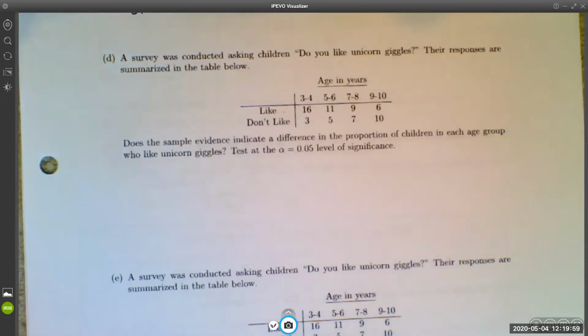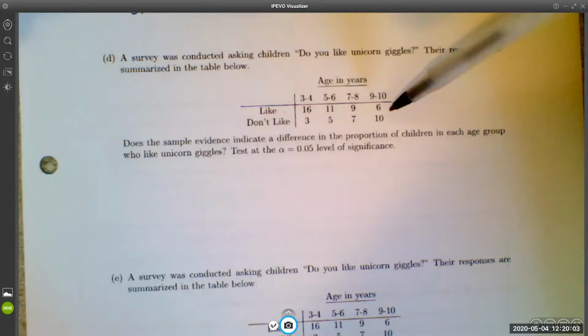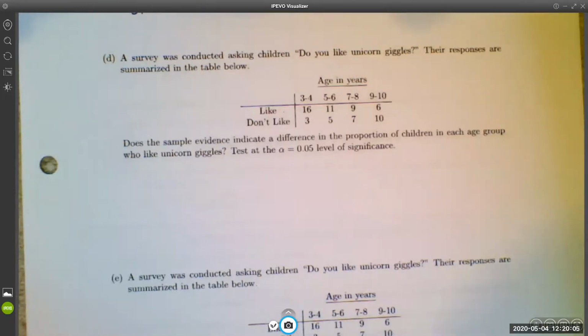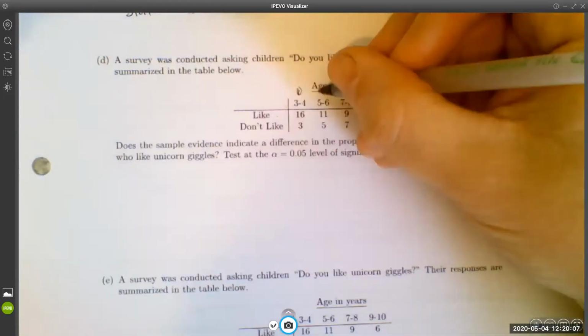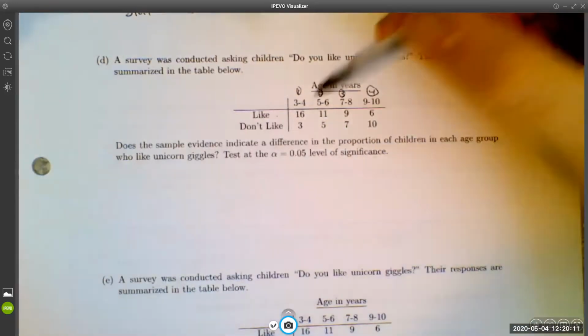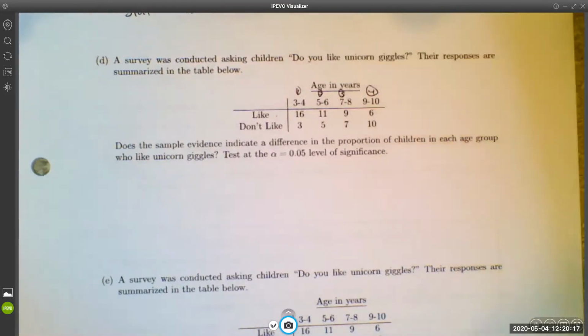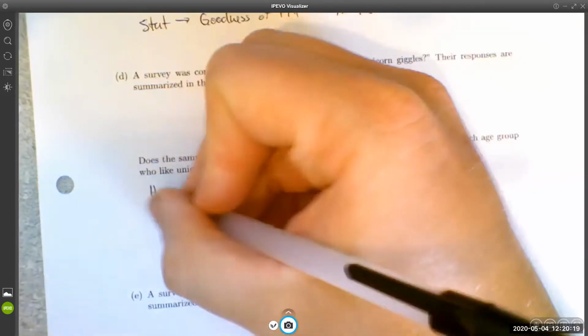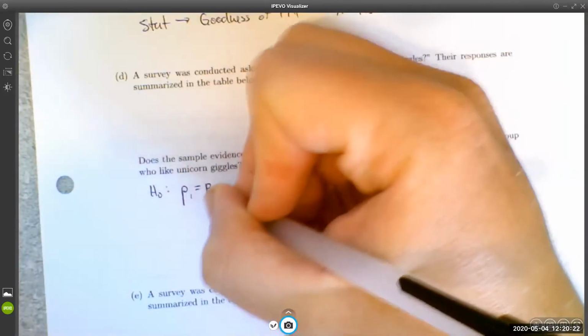Well, we don't have any past observations to compare these new observations to. So if I call this group 1, group 2, group 3, and group 4, we're not going to say P1 equals 0.12 and P2 equals whatever. We're just going to compare the groups to each other, right? So the null hypothesis is that the proportions are all the same.